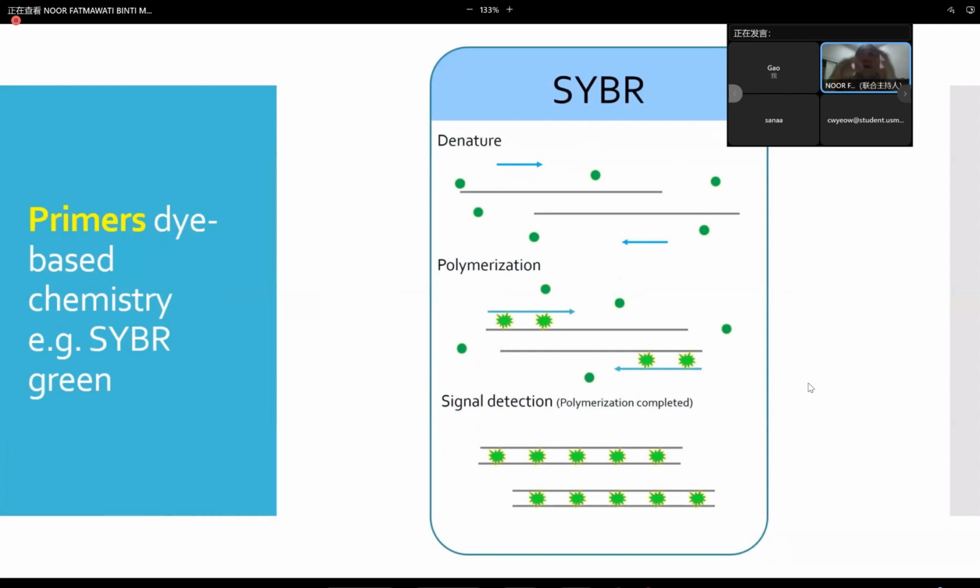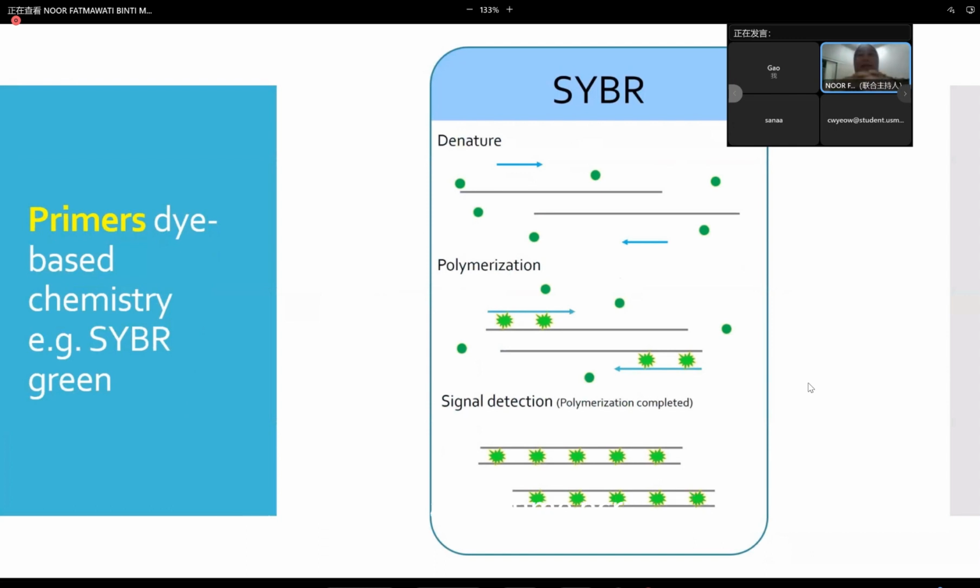So now, the real-time PCR. If you use a fluorescence dye, you choose a technology that has a camera to capture that fluorescence signal. So PCR contains a camera that captures the fluorescence signal of your detection.